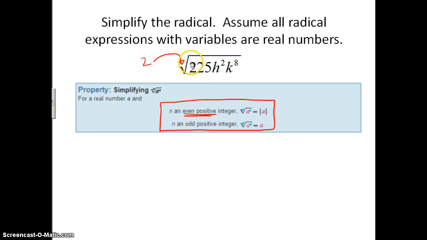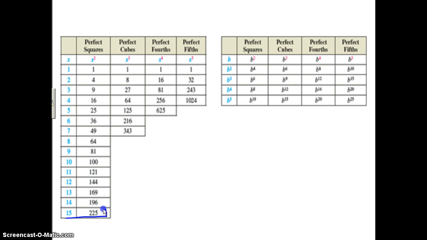Okay, so we have the square root, and we have 225. The nice thing about 225 is that it is a perfect square. It is 15 squared.